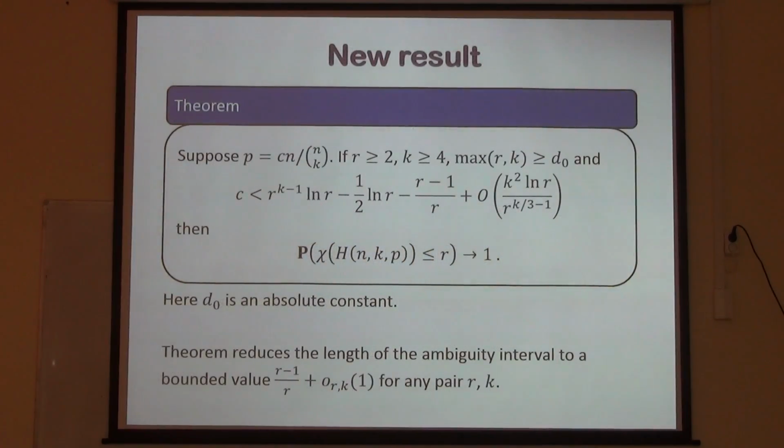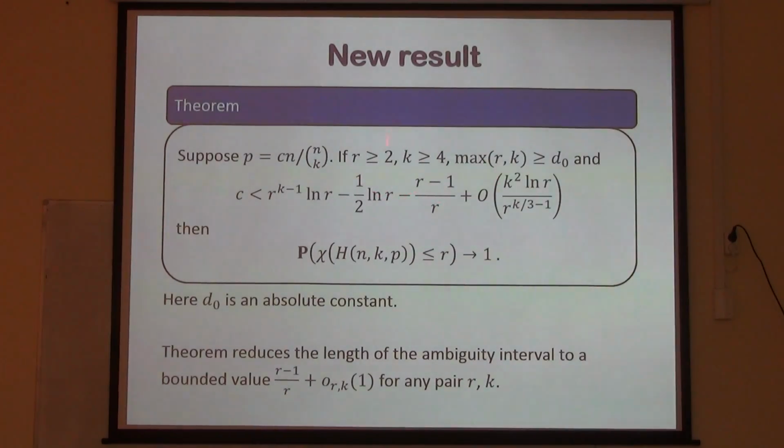Okay, and the main result of the talk states that we can prove a similar result, maybe with some worse constant, but for every R and K. So in both regimes, when K is large in comparison with R, or R is large in comparison with K. So this is the statement.